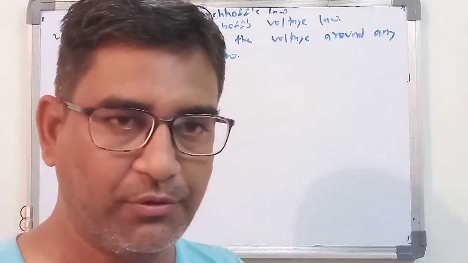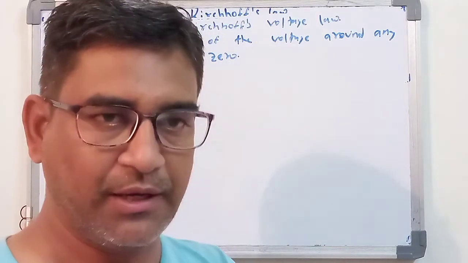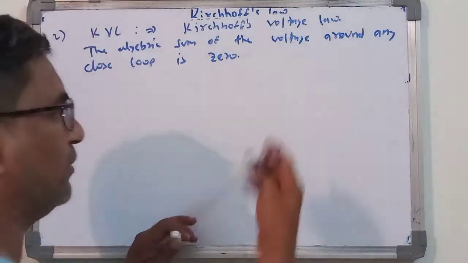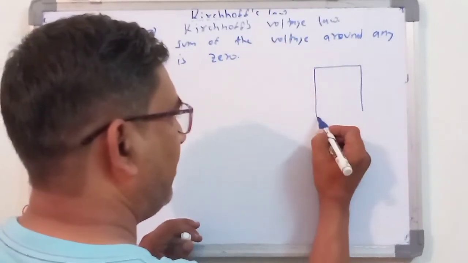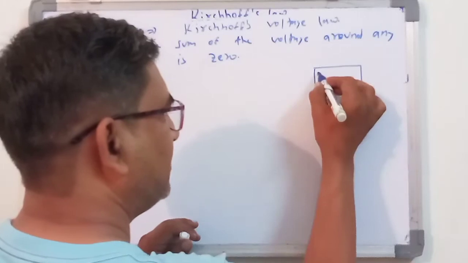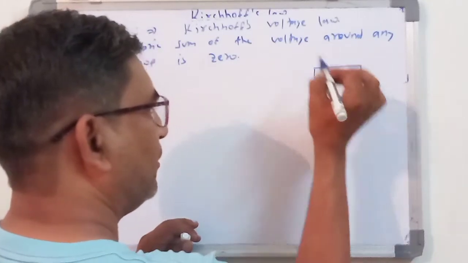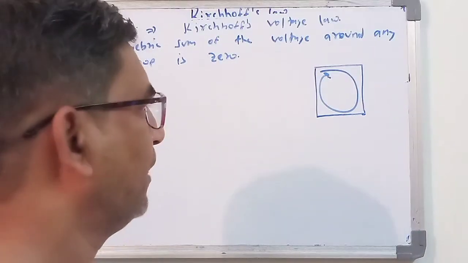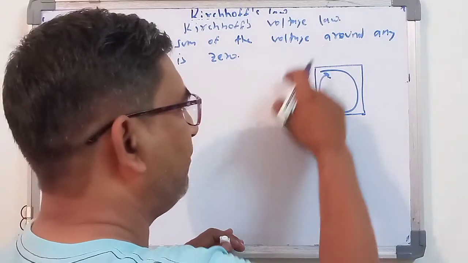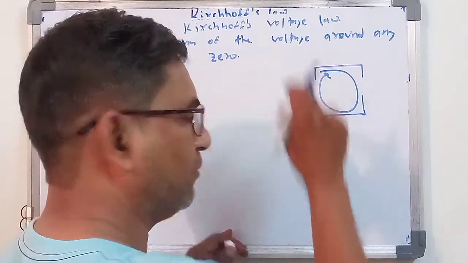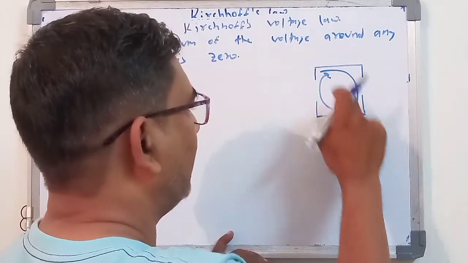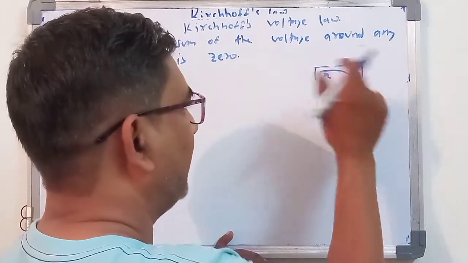Now the loop which you have to consider is any one loop. This is the loop, okay, where each and every point is combined. This is the total complete loop. Okay students, now in this complete loop, one resistive value is present, one voltage value is present, like this.